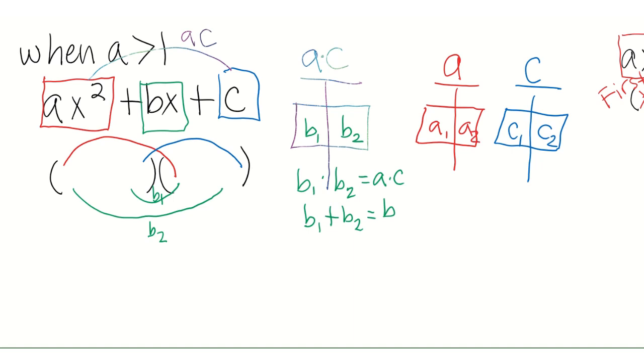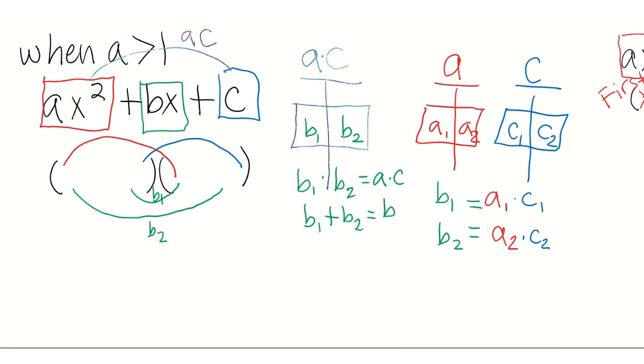So we want, when we multiply these together, we want to end up with B1 and B2. So that tells me I'm going to use, when I take one factor of A and multiply it by the factor of C, that's going to give me my B1 and B2.